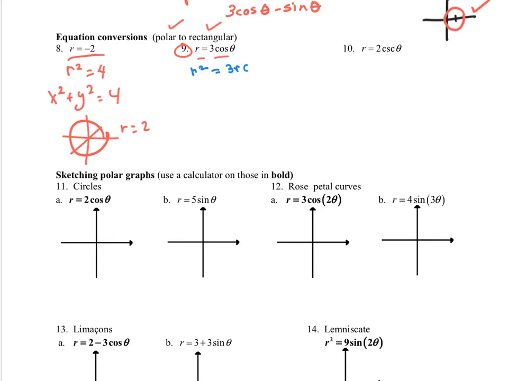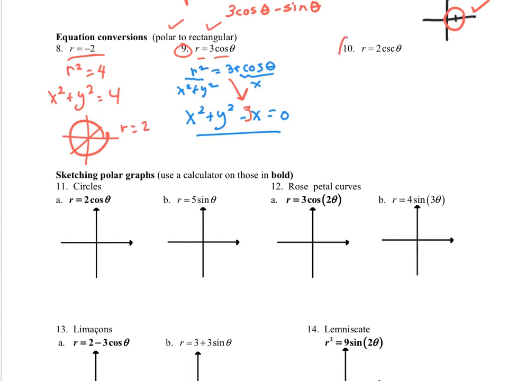Oh, I really like the r cosine theta as well. So this is my x value, and then this is my x squared plus y squared. So all I end up with is x squared plus y squared minus 3x is equal to 0. And don't forget this 3, like I did. Okay, so that's the equation that you'd end up with.